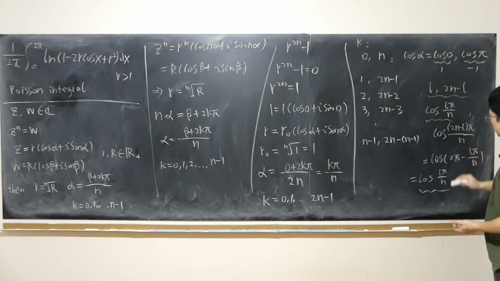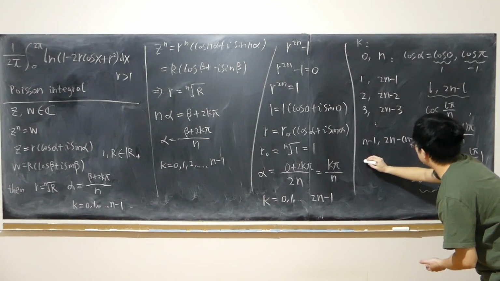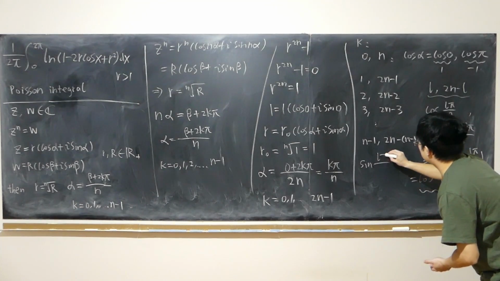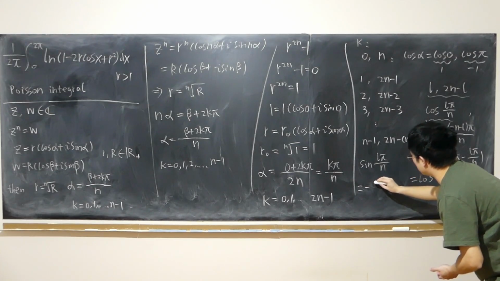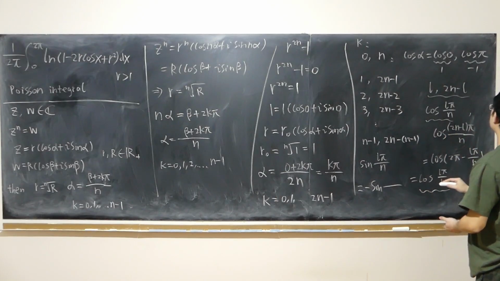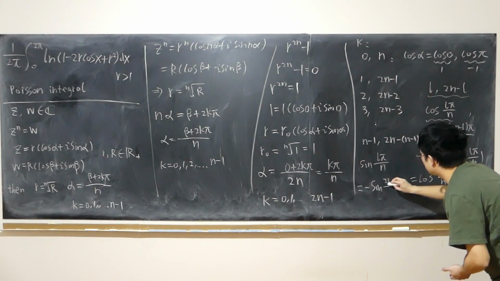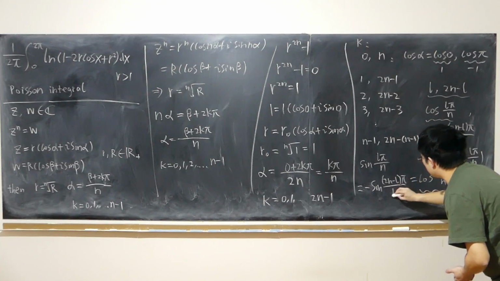So I say if it's sine L pi over n, then it's going to be negative of sine of 2n minus L times pi over n.